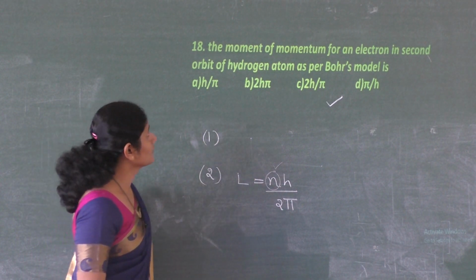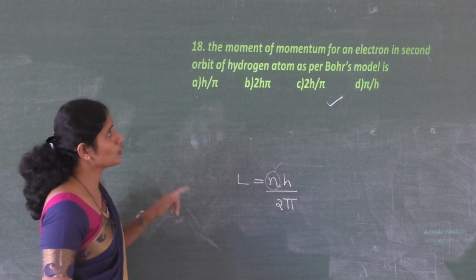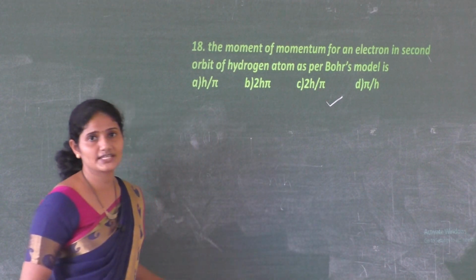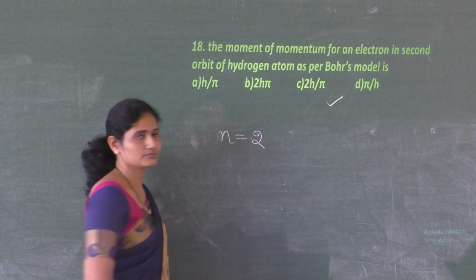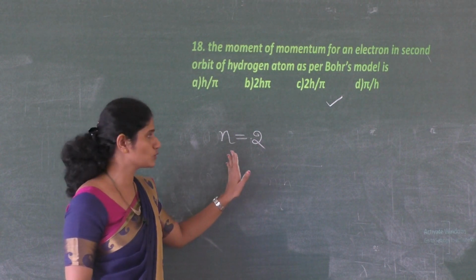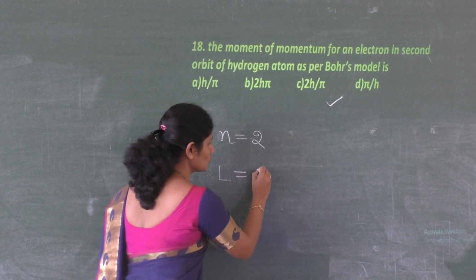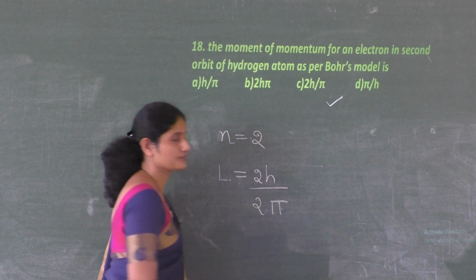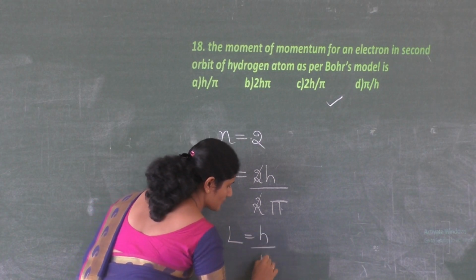In the question we have the moment of momentum for an electron in second orbit of hydrogen atom. The electron is in the second orbit, that means n is equal to 2. So L is equal to 2h divided by 2 pi. 2 cancels, L is equal to h by pi.